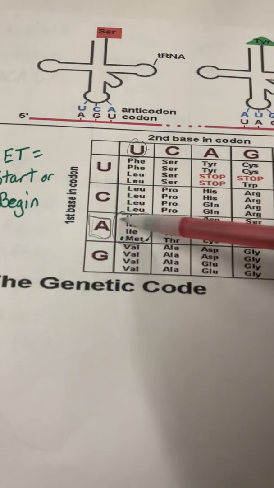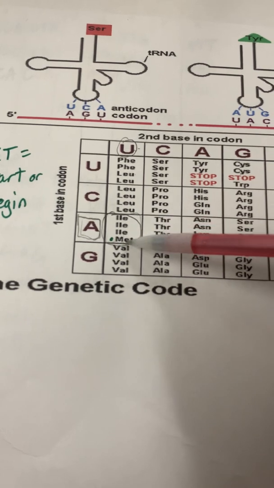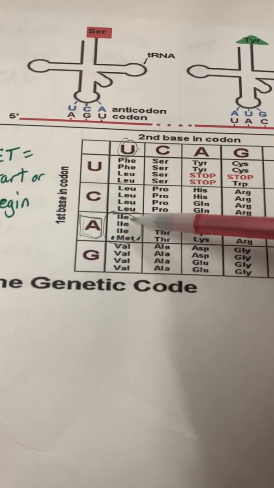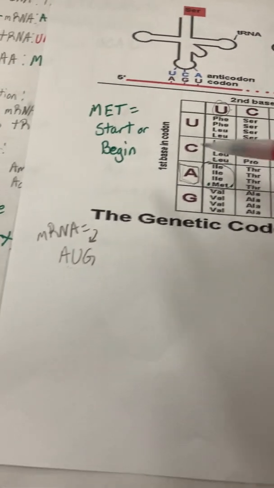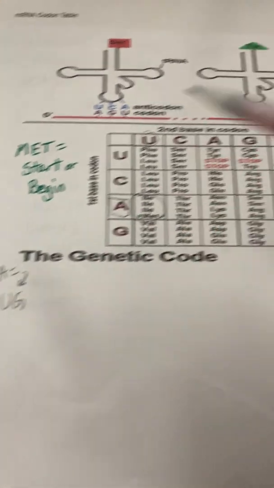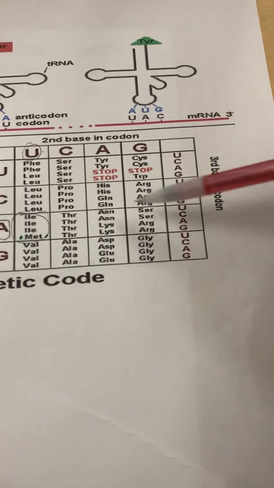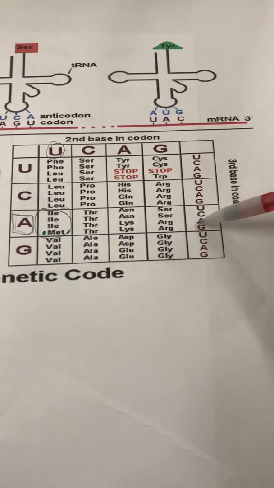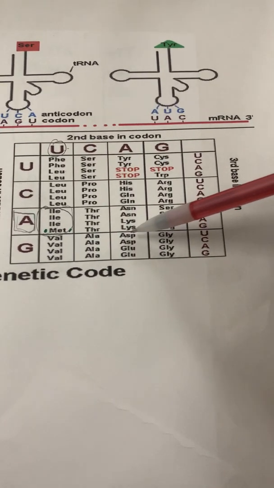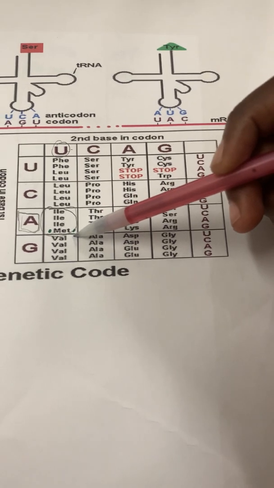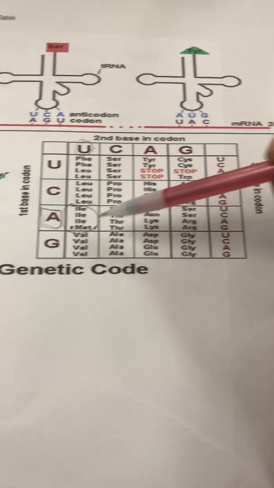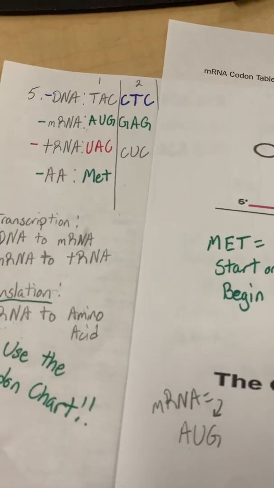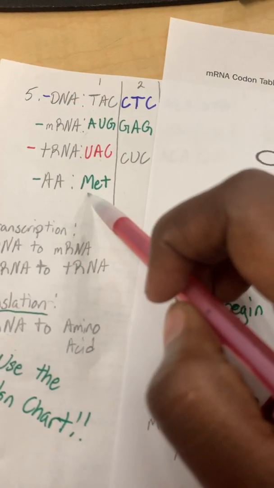Now in order to figure out which of these 4 amino acids is the correct amino acid, the last letter G, here it is, the third base in the codon, so following along with the box, here it is, the G. If I follow the line, it's methionine, M-E-T. That is what I have written in my amino acid space, M-E-T.